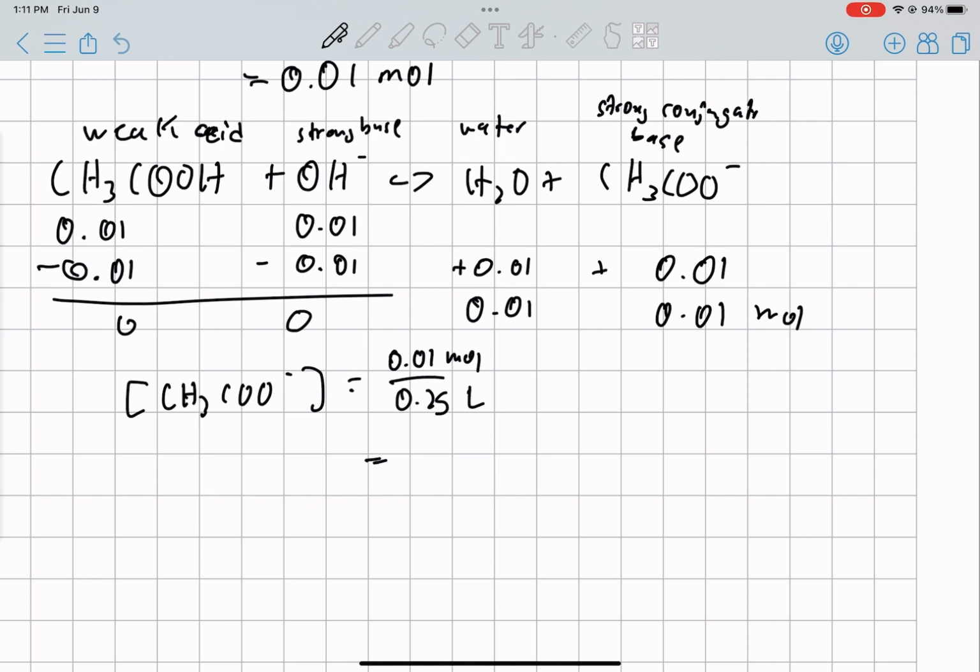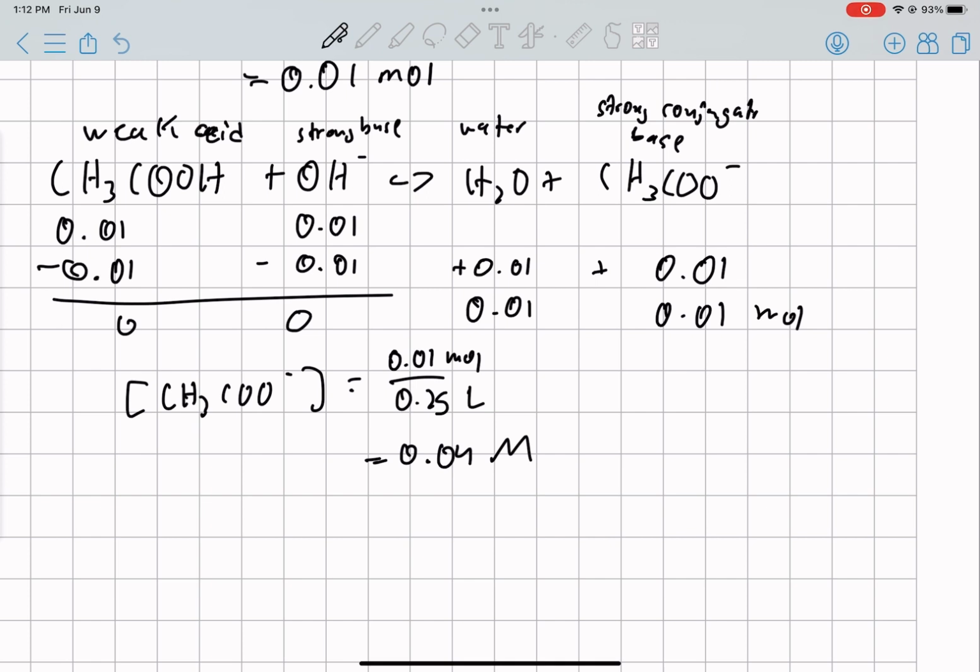And this, let me pull out my calculator, 0.01 divided by 0.25 results in a 0.04 molar concentration of CH3COO minus. Now, what we can do is write the reaction I was talking about earlier, where a strong conjugate base reacts with water to produce hydroxide ions.